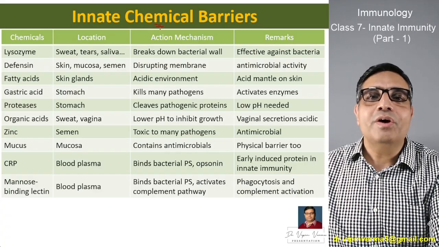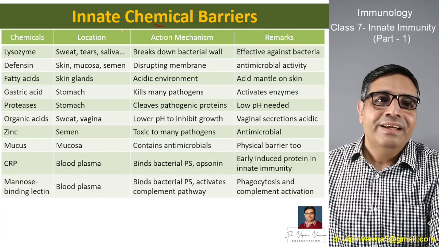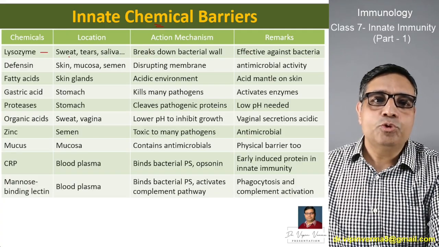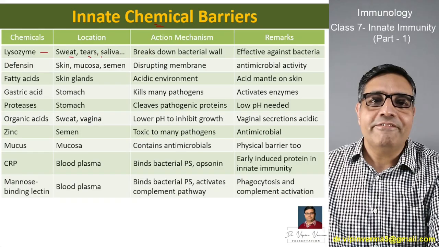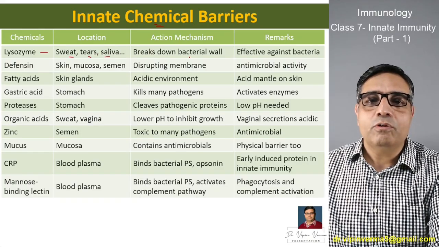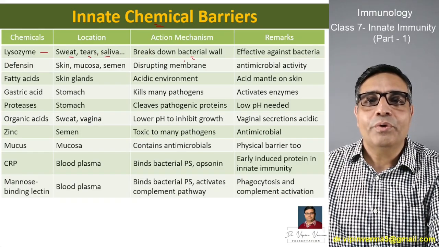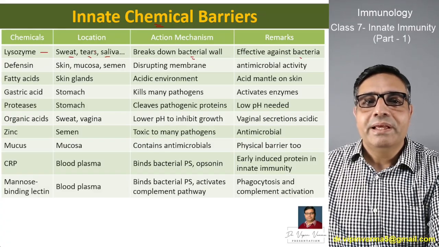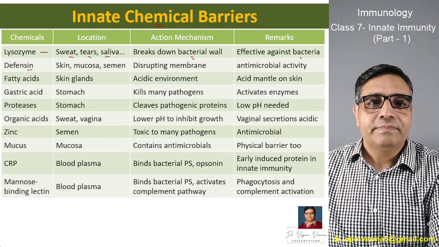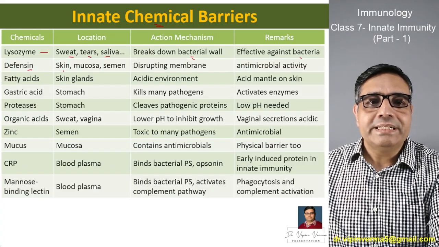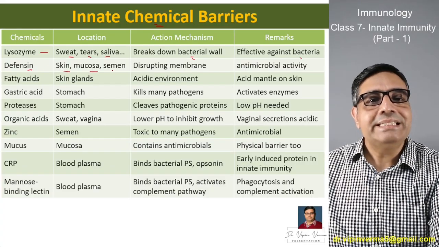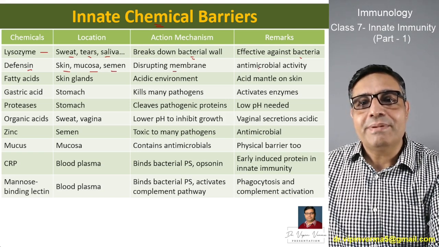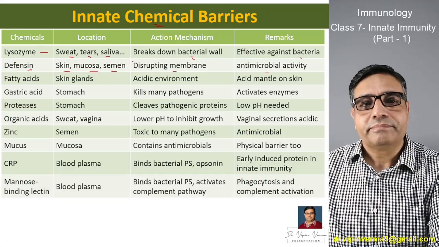So we have a long list of chemical barriers. We have lysozyme. This lysozyme is present in sweat, tears and saliva, and it breaks down the bacterial wall. It is effective against bacteria. Then we have defensins. Defensins are produced in skin, mucosa and semen, and they disrupt the membrane and have antimicrobial activity.